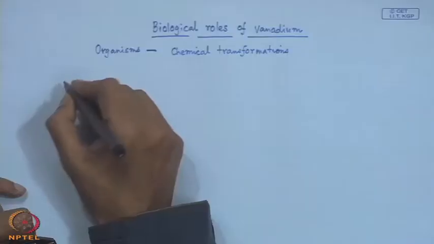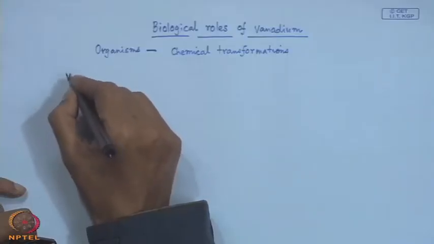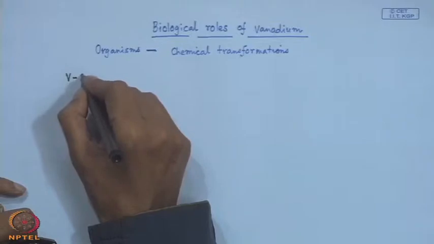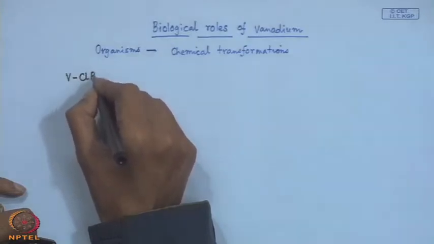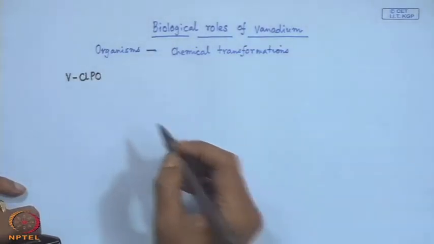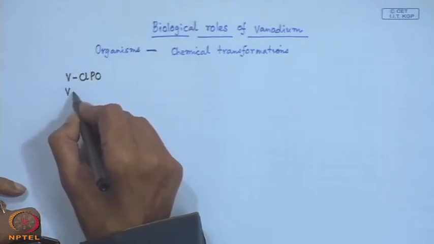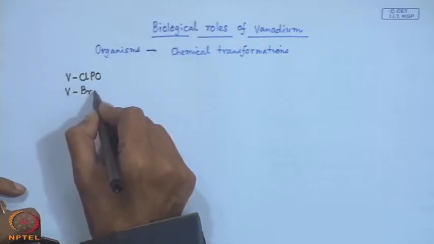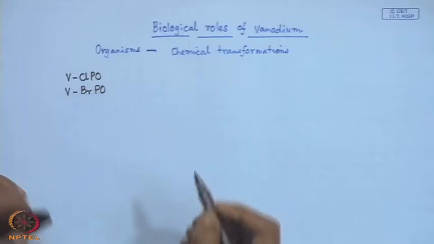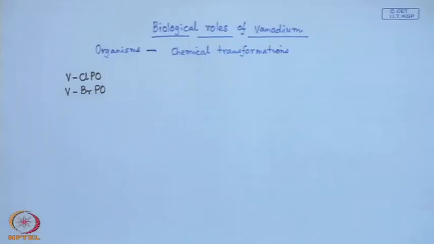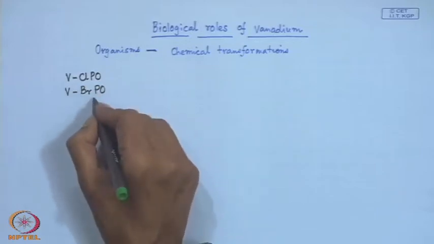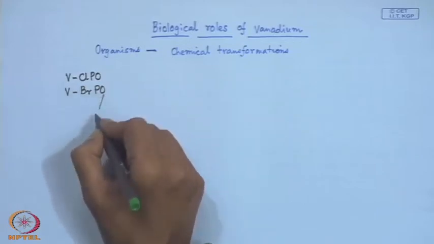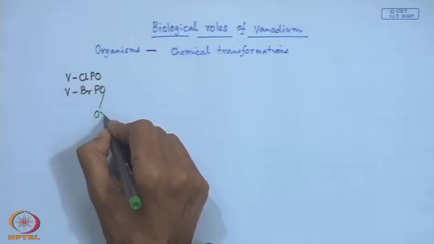So, if we have some vanadium bearing chlorine peroxidase or vanadium bearing bromine peroxidase, so definitely they all will have the corresponding oxidase activity, which is very important.